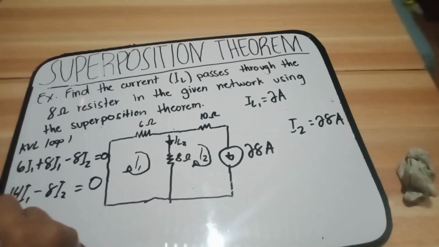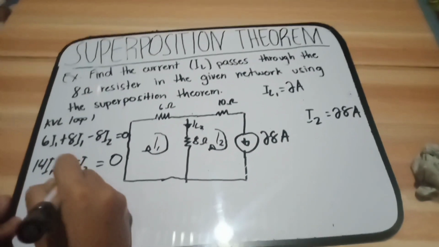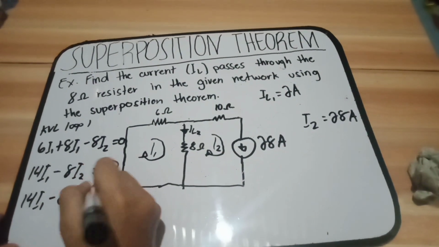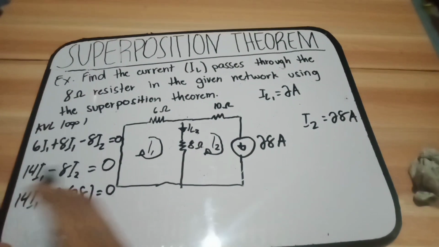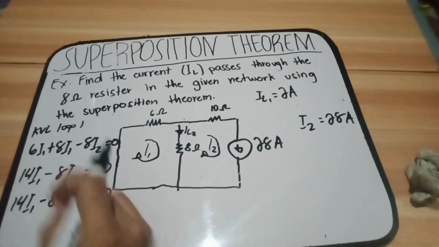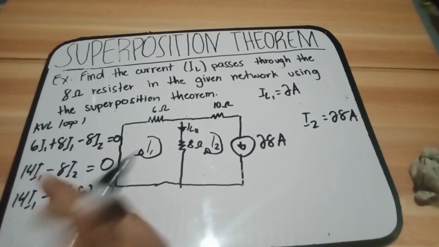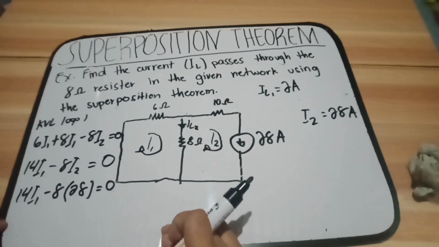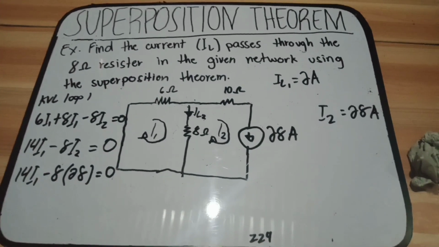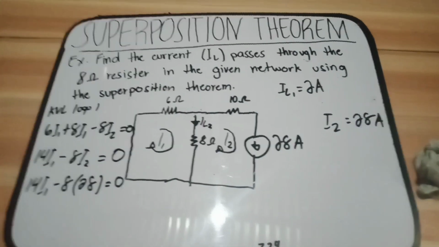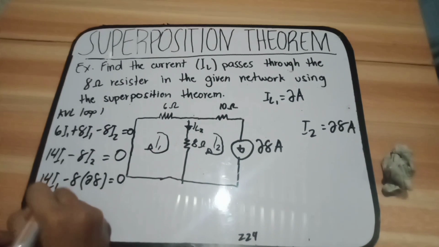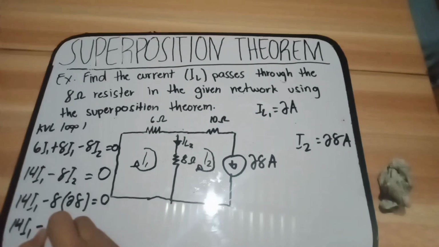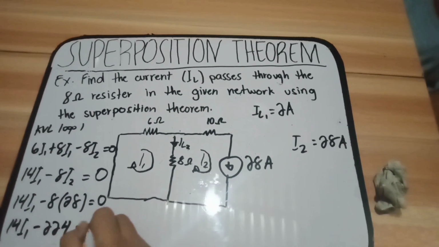So, magiging ganito na siya. 14 I1 minus 8 times this I2, gawin na natin 28, is equal to 0. So, now, 14 I1 minus 8 times 28, which is 224, is equal to 0.